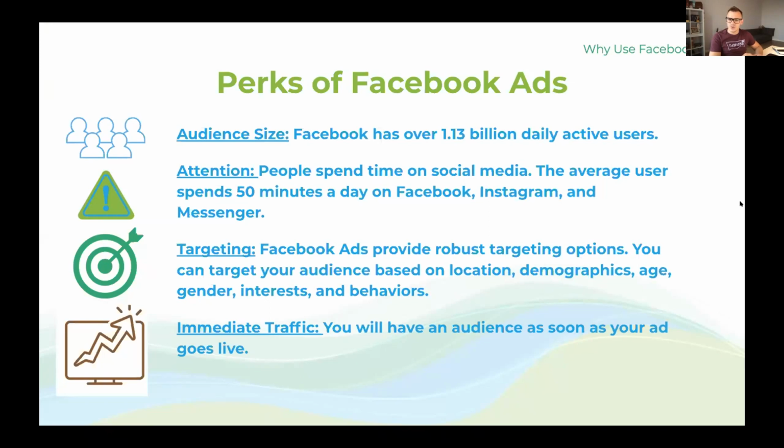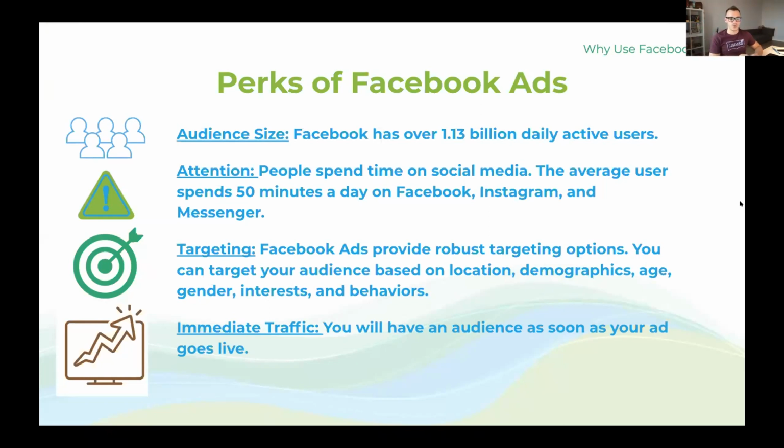Just a quick note on targeting. Right now, with all of the updates to privacy and everything else, a lot of targeting options will go away. Behaviors are really affected. As you know, we can't target households anymore. We can't target top 5% earners in the zip codes or something like that.